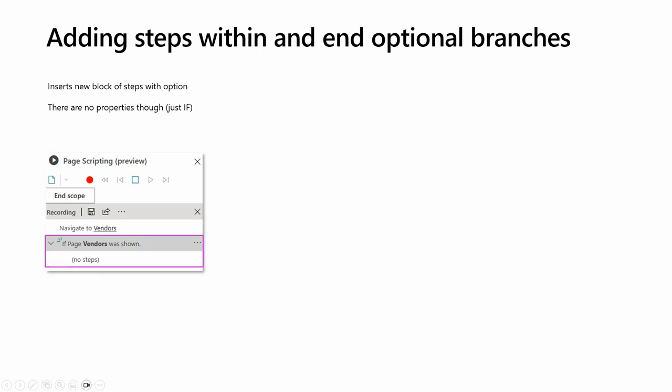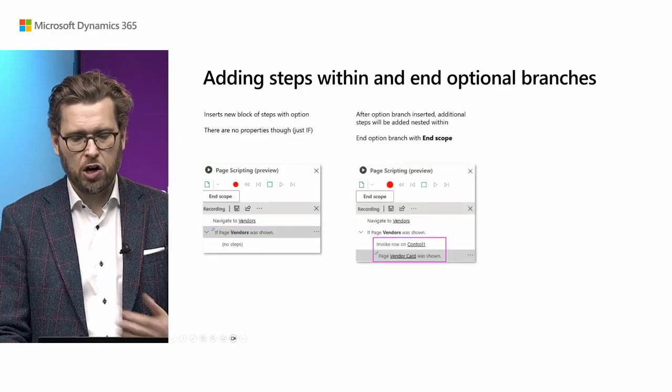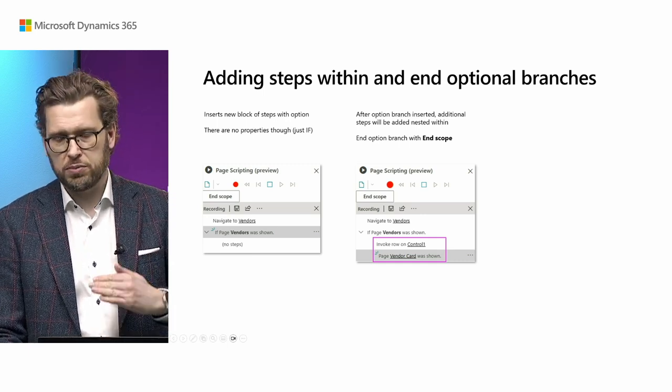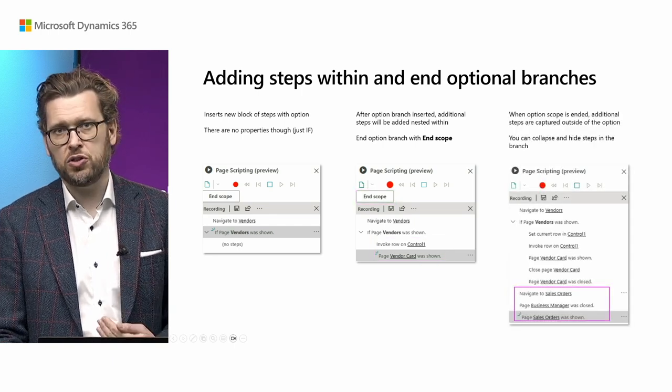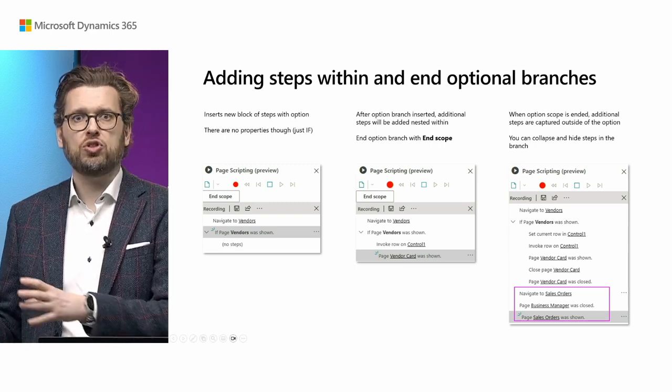So we can see that here. I say that this page is optional. For this case, there are no properties. It's either showing or not. And right now there are no steps. Then on that page that appears when I record, I will do some steps. And when I'm done, I'm going to say end scope. Then I can continue the recording to record the steps if that page is not shown, right?